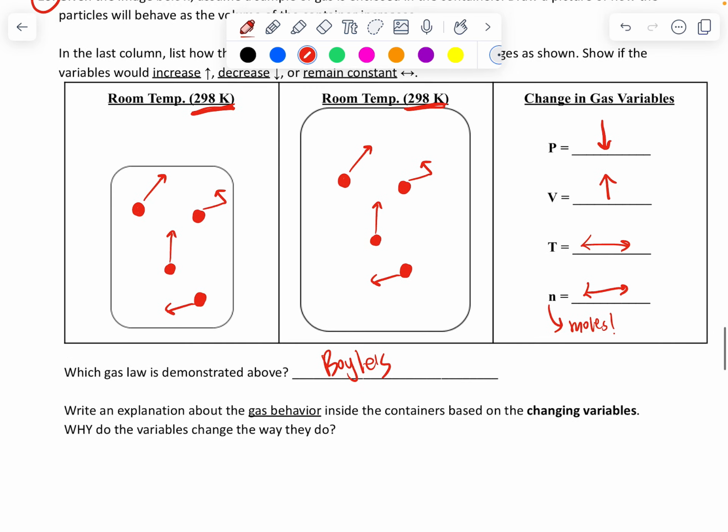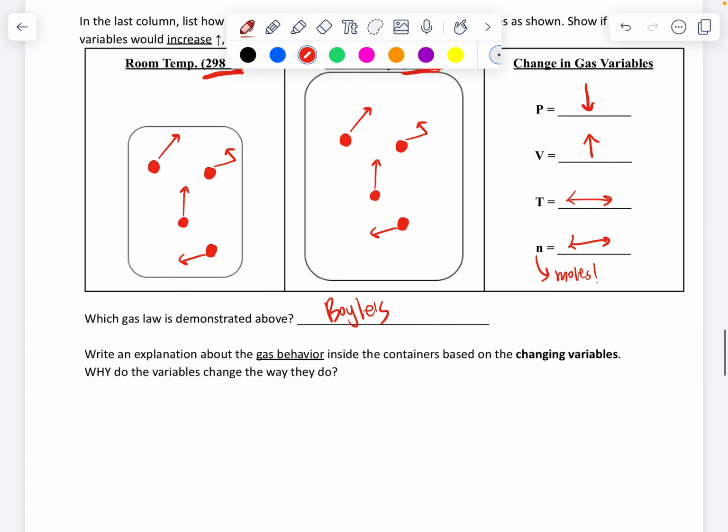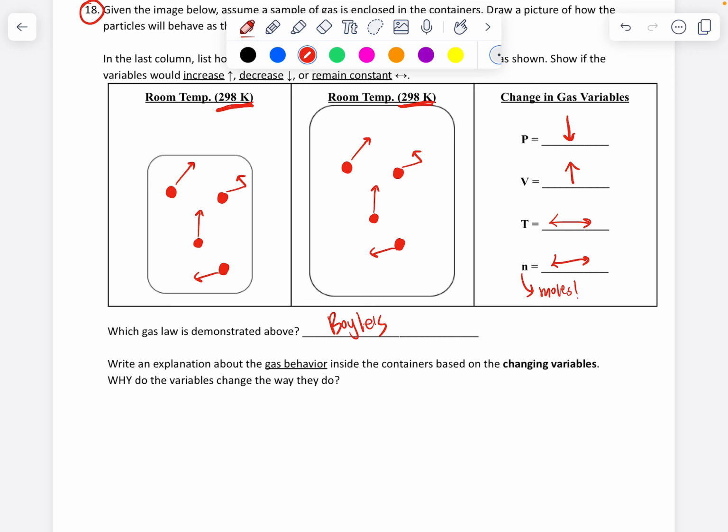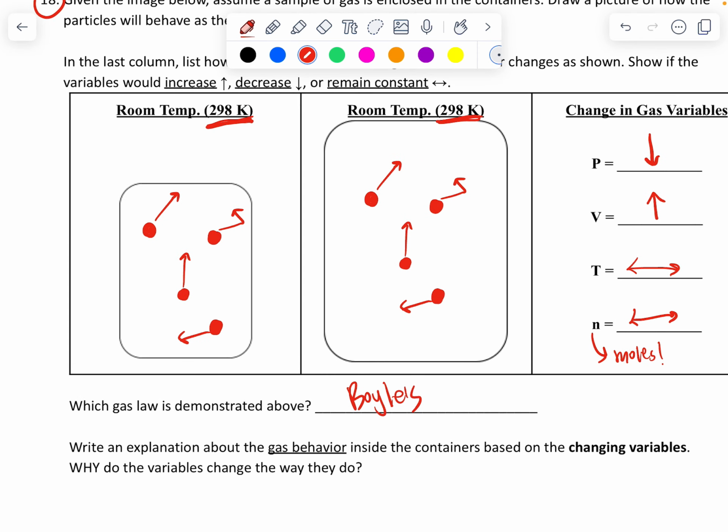Okay? All right. So write an explanation about the gas behavior inside the container based on the changing variables. Why do the variables change? Oh, I believe I just answered that question, right? The thing about collisions: before, a small container, a lot more collisions against the walls, therefore high pressure. Now, a new environment, a much, much bigger container.